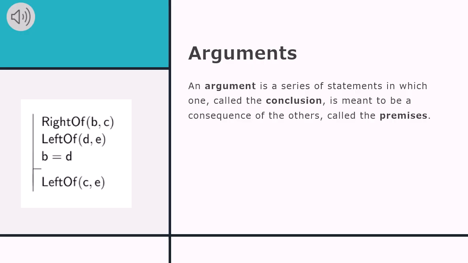In other words, translating that back into English, B is to the right of C. The second statement is LeftOf(D,E), which means that D is left of E. The third atomic sentence is that B is identical to D, in other words, B is equal to D. And the final statement here is LeftOf(C,E). In English, C is to the left of E.